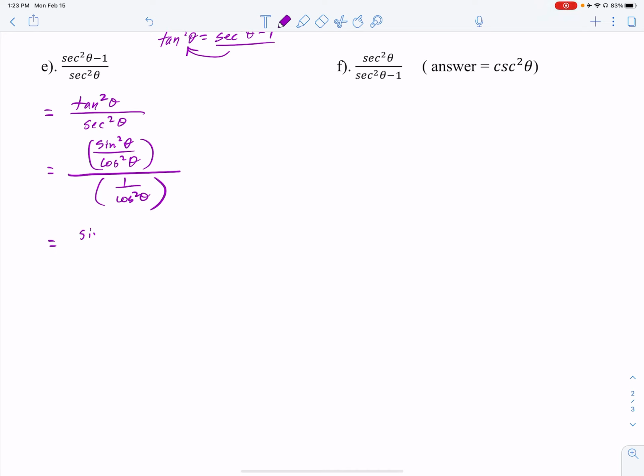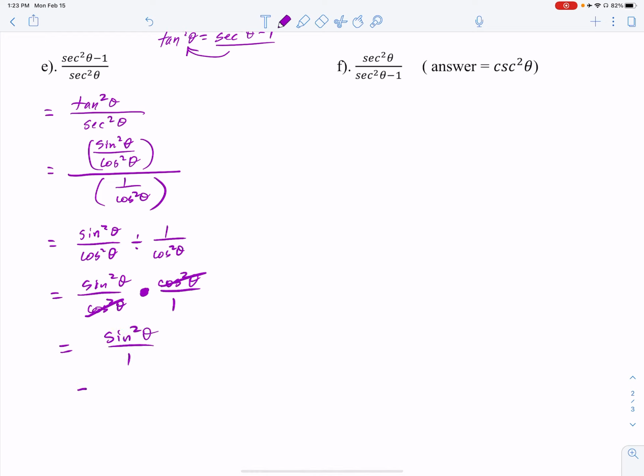So I'm going to take the numerator, sine squared theta over cosine squared theta, divided by 1 over cosine squared theta. But again, instead of dividing with fractions, we can multiply by the reciprocal. So I'm going to multiply this by cosine squared theta over 1. And since this is multiplication, I can take that cosine squared and that cosine squared and cancel, and that leaves me with sine squared theta over 1, which is just sine squared theta.